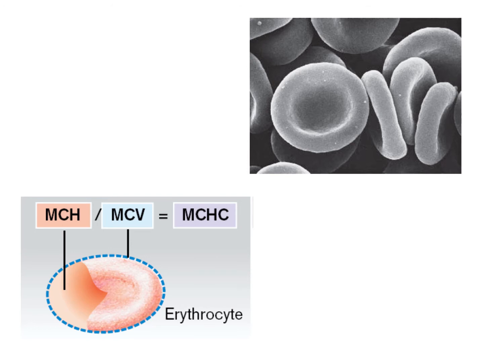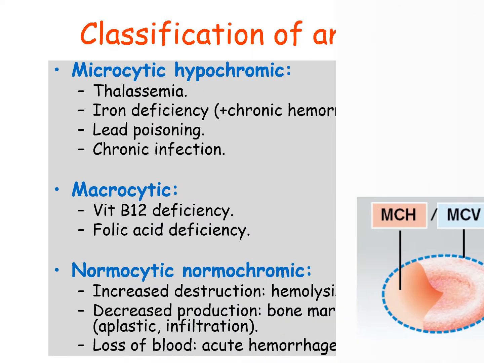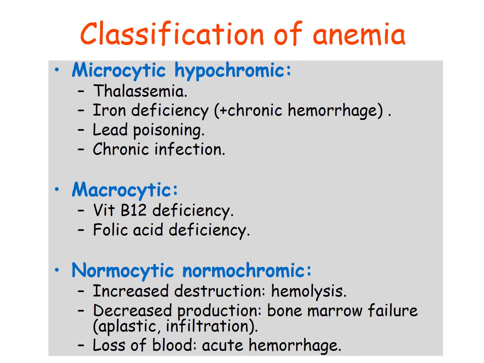And if you just divide the MCH by the MCV, it gives you the mean corpuscular hemoglobin concentration. On the top, we can see an electron microscopic picture of RBCs, which shows that the red blood cell is biconcave in shape. However, we can never tell the shape of the RBCs only by an electron microscope, but we call the blood film.